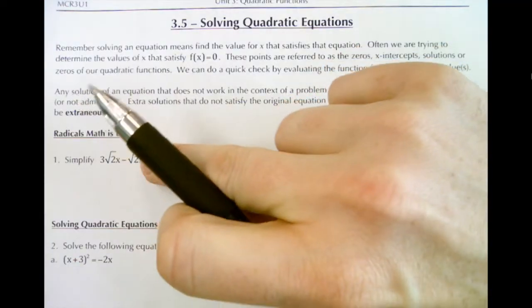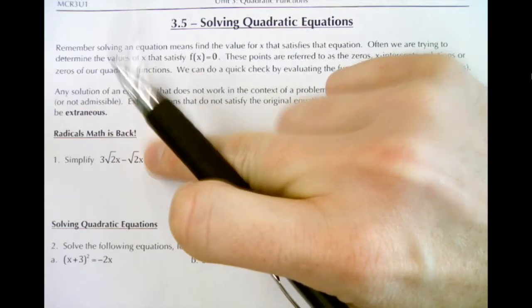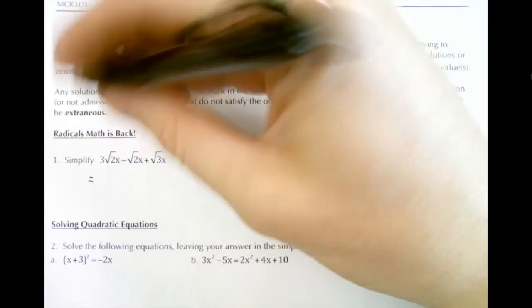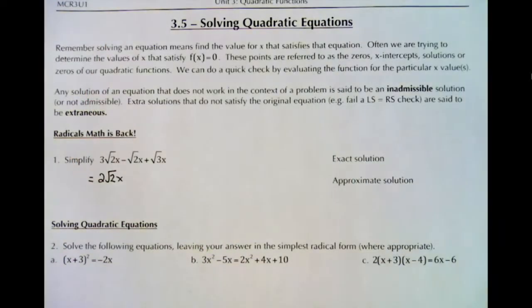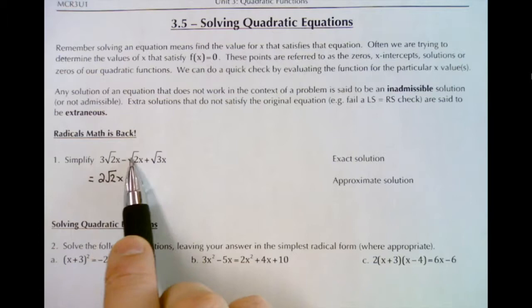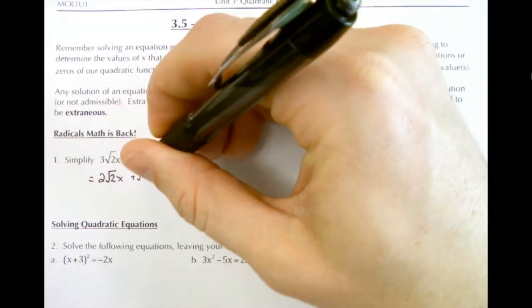So the first two terms are in fact like terms, so we can add and subtract them. 3 minus 1 gives us 2 root 2x. You can treat the root 2x kind of like a variable, and then you're just adding or subtracting the coefficients in front. And we also have a root 3x.